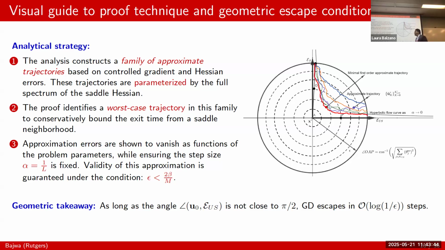To do that, the fundamental challenge is that if I do analysis using all the eigenvalues, it will be very ugly and we won't be able to get a control on that. The trajectory is going to be a function of all the eigenvalues and all the eigenvectors, right? So what we do is a worst case analysis. We say we have a trajectory, each trajectory corresponding to the eigenvalues of the Hessian, okay?